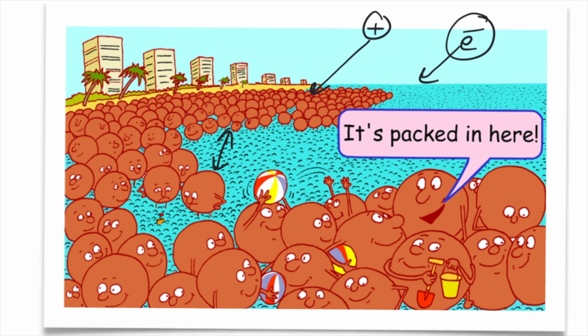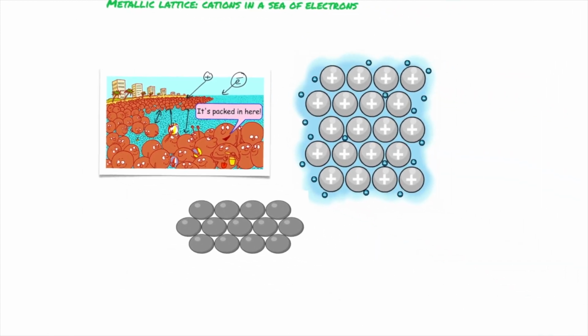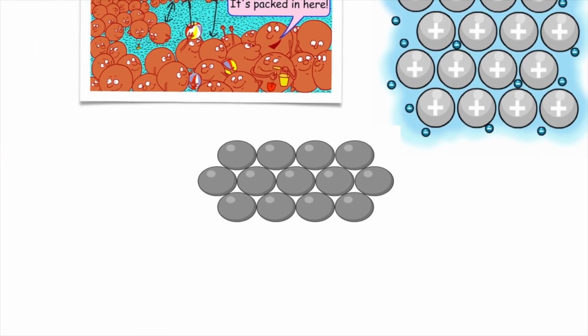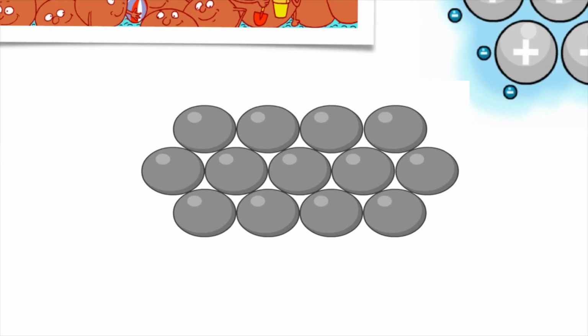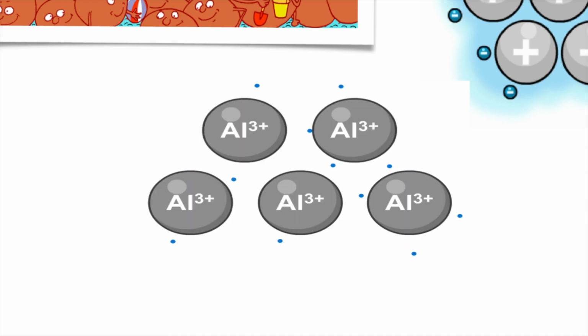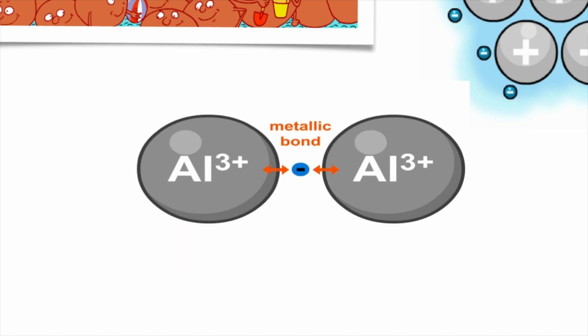The greater the number of valence electrons, the stronger the electrostatic force of attraction between the cations and the electrons. So with more valence electrons, like aluminium for instance, I will have greater metallic forces. The metallic structure gets stronger in aluminium because it has plenty of valence electrons. Those glue the cations together and make the metallic bond much stronger.